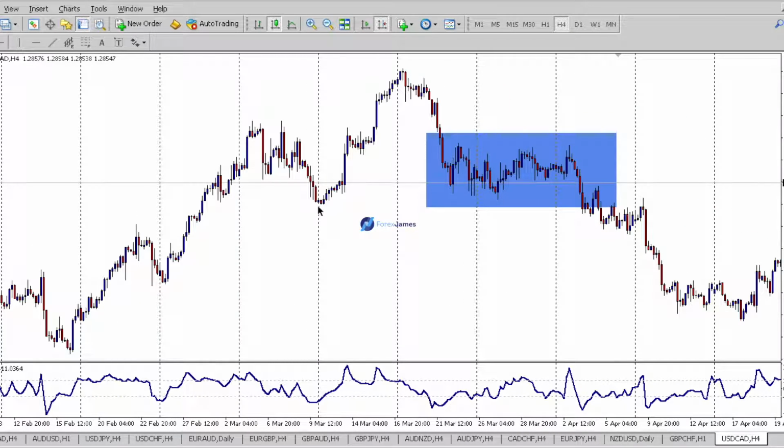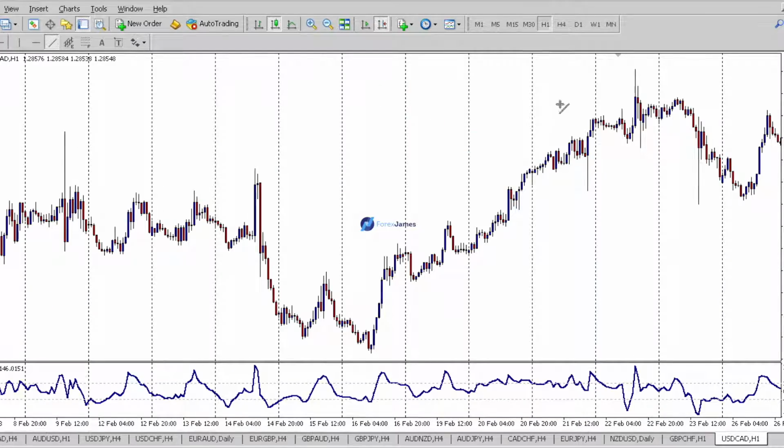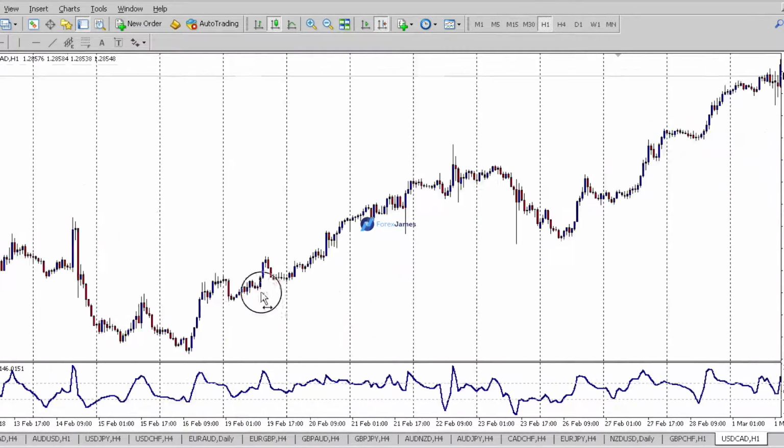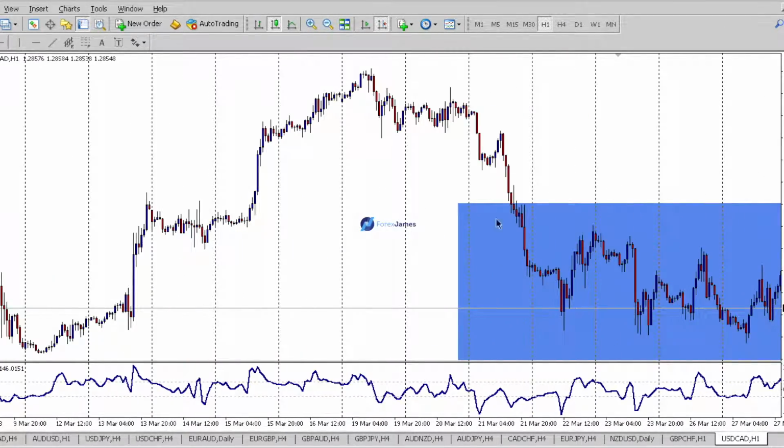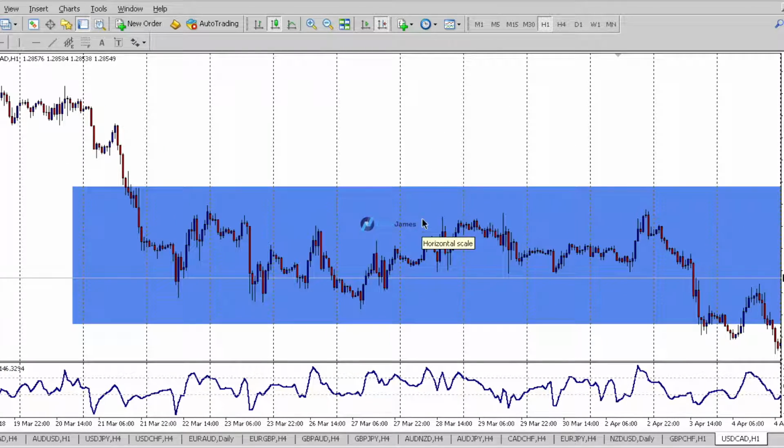As usual, price goes up, it retraces, and then we're trying to decide here whether it's a continuation to the upside or price is going to head to the downside. So let's zoom in. I want you guys to look at this area here.